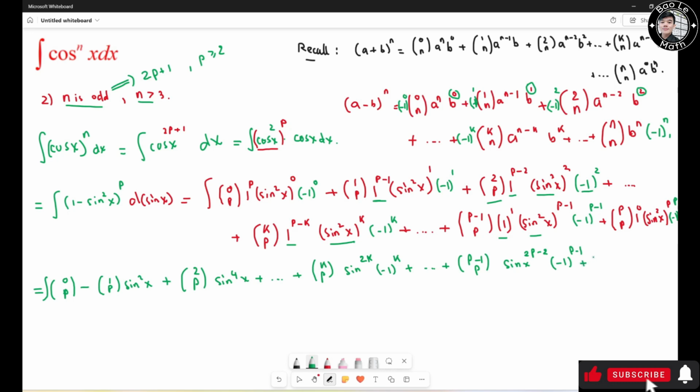And the last term, the combination of p, p. This equals 1. This equals sine raised to the 2p of s, times negative 1 raised to the p, right? Don't forget d of sine s, right?